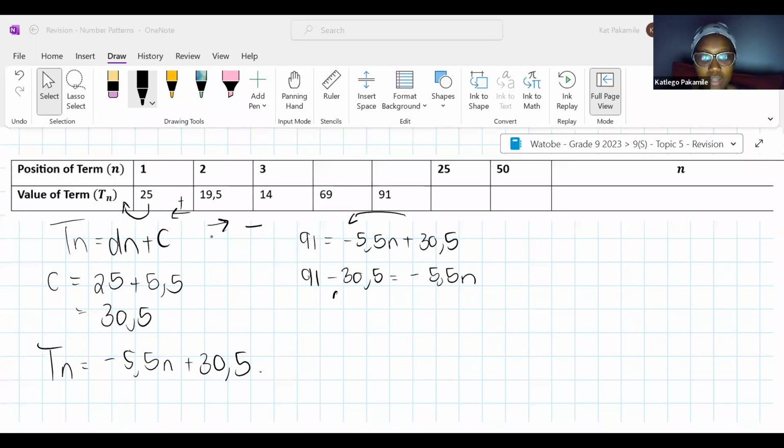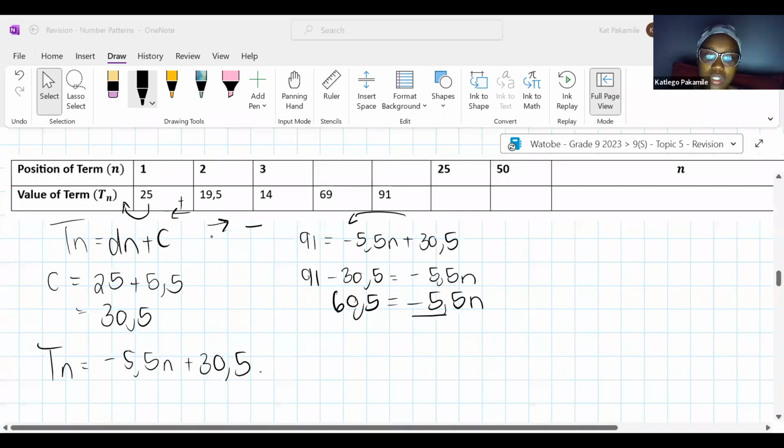62,5. Something is wrong with this number pattern, because position cannot be negative, and I think I know what it is. So you divide both sides by negative 5,5. What did it give you? 11. And a negative.